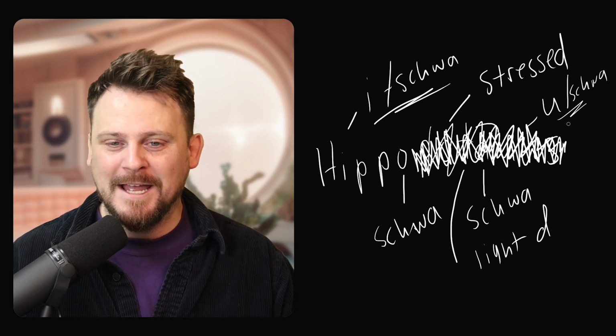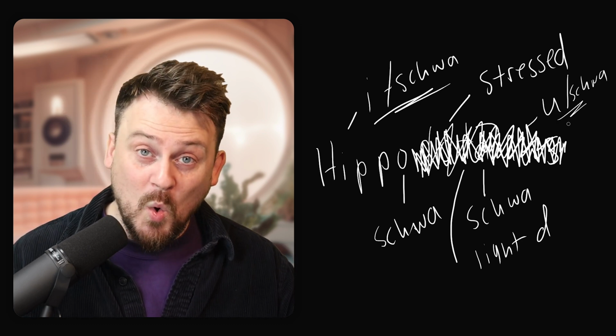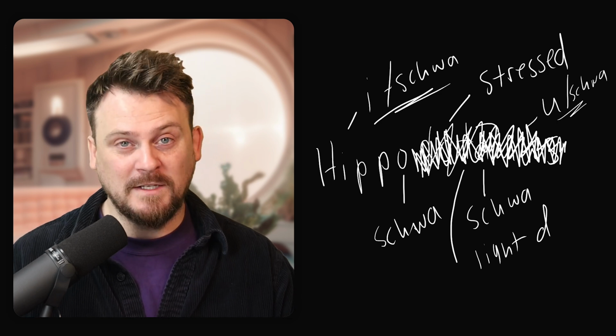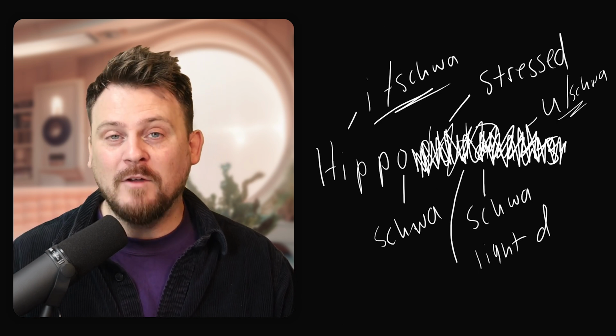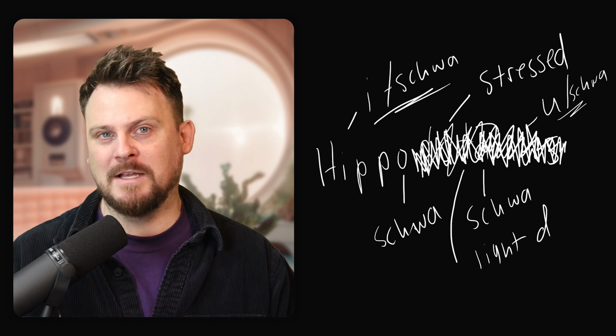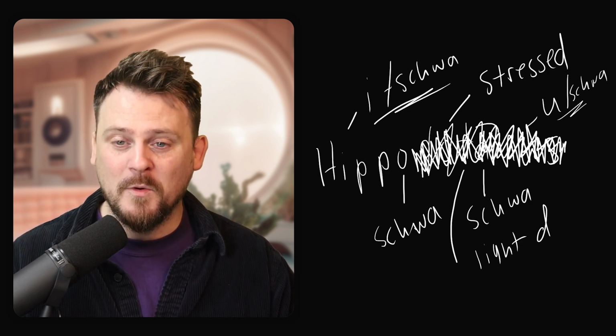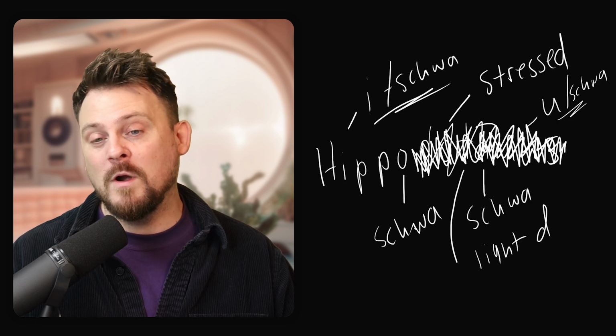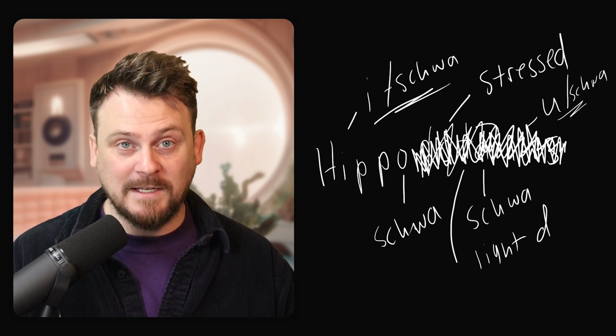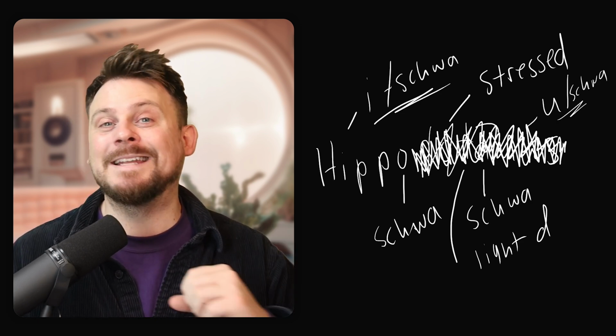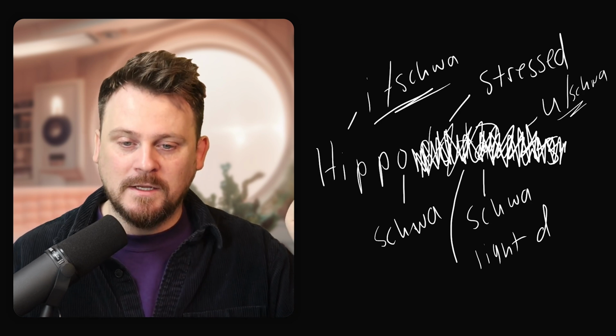So hippo, that no longer is the schwa sound. If it's shorter, it is pronounced in full, clearly as the O sound. So that word hippo clearly has an I and clearly has an O. So it doesn't have any schwa sounds.